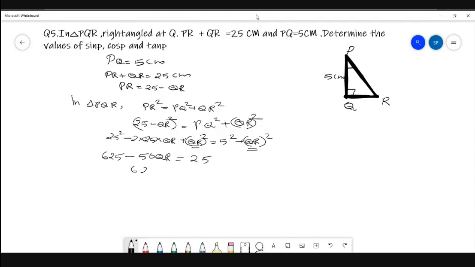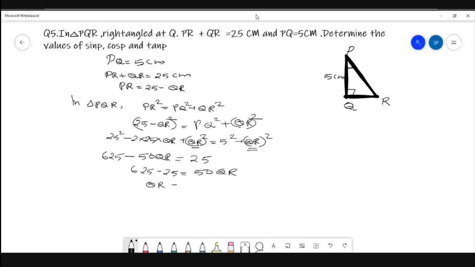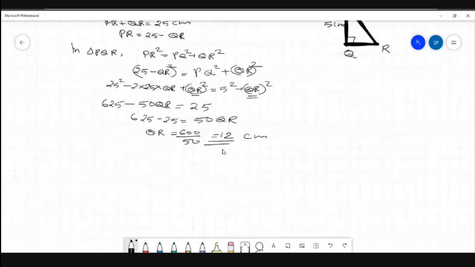Now 625 minus 25 equal to 50 into QR. So we get QR equal to 600 divided by 50, that is equal to 12. Okay, QR equal to 12 centimeter. Now with this you can find out what is PR.